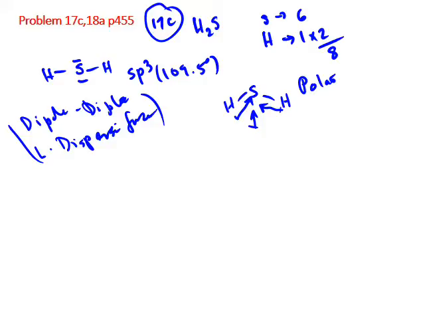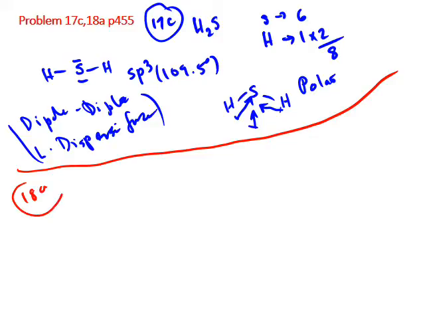Now let's go over number 18A. Let me read you the question first. 18A. Which type of intermolecular force accounts for the following differences? They're saying that CH3OH boils at 65.